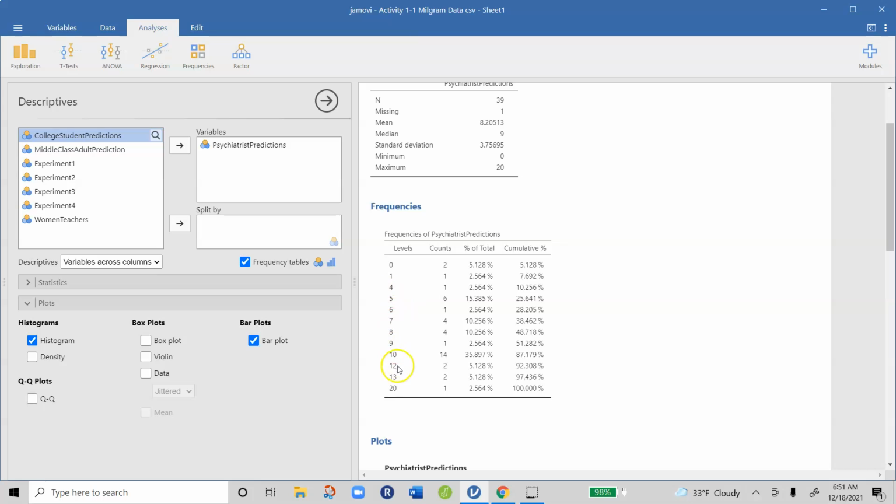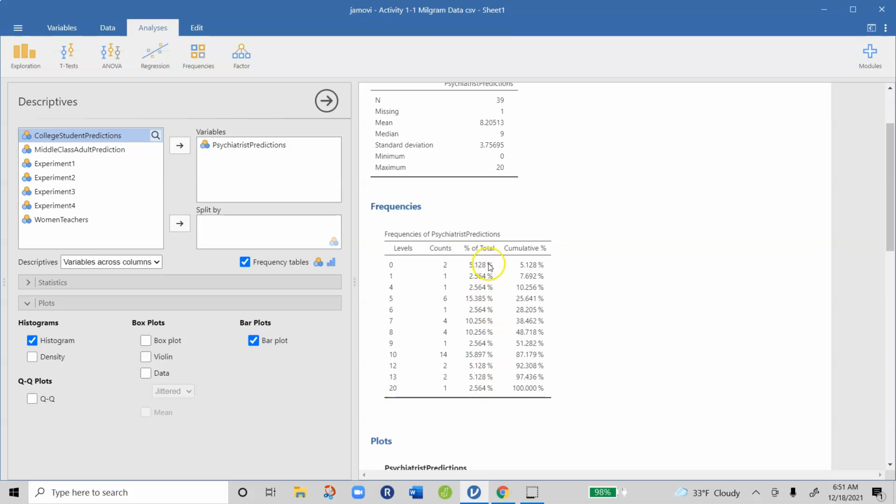On the left-hand side are the levels. These are the levels psychiatrists indicated in terms of how high they thought people would go on this scale. For level 5, 6 psychiatrists said that they thought people would go up to level 5. 14 psychiatrists thought that people would go up to level 10, and 1 psychiatrist thought they would go up to level 20.